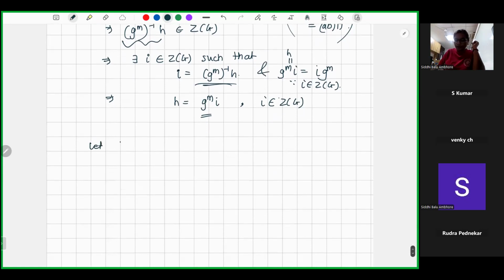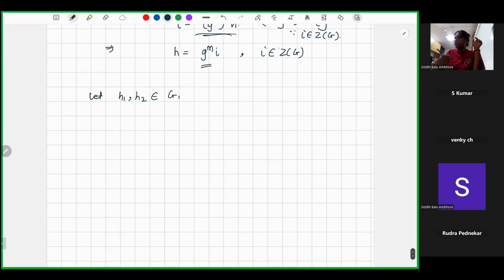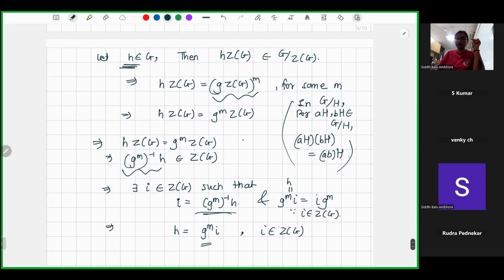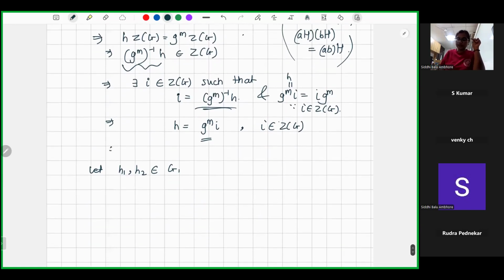So let H1, H2 belong to G, and by this expression so far, let me just write here explicitly.